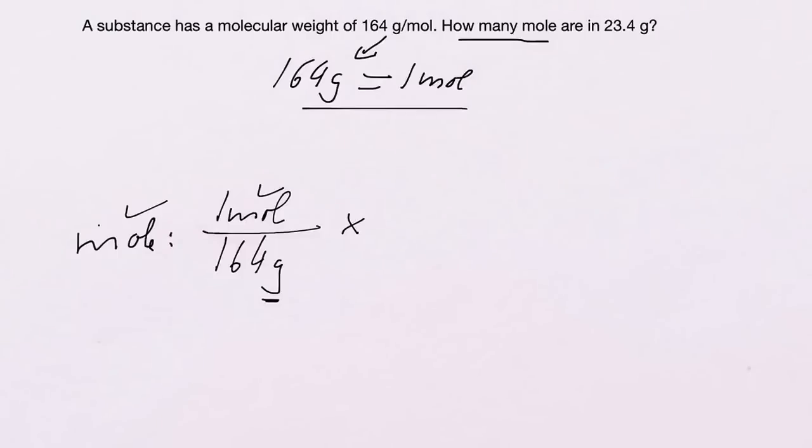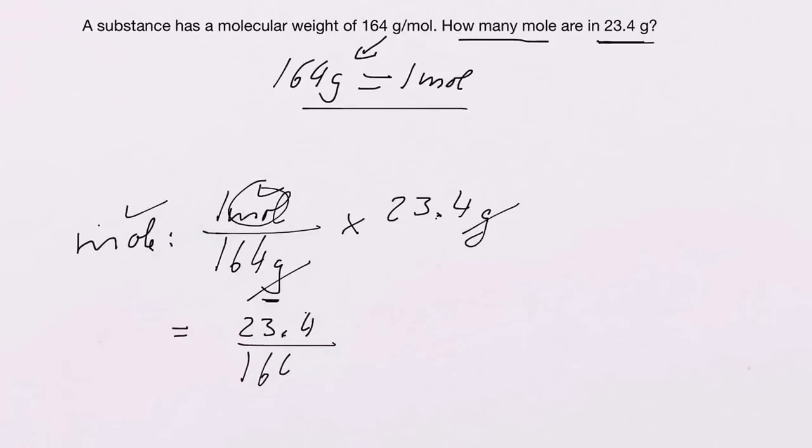So do we have any grams somewhere? Yes, we've got that here. So we've got 23.4 grams. And we see that the grams cancel out. We are left with the unit that we want, mole, and we can write this as 23.4 divided by 164 mole. And you can calculate that easily yourself.